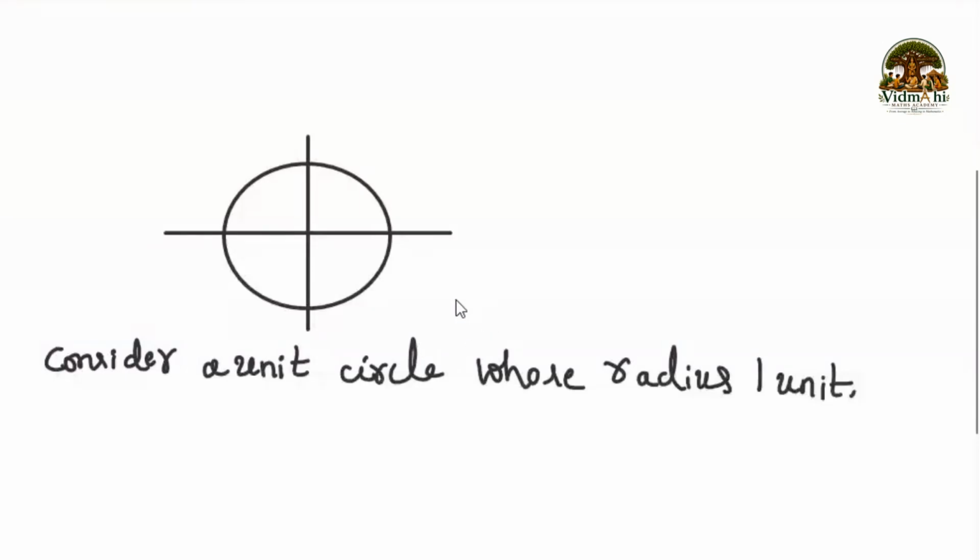Now consider the coordinate system. So this is x axis, this is y axis, negative x axis, negative y axis. Negative x axis and negative y axis can be represented as x dash and y dash.